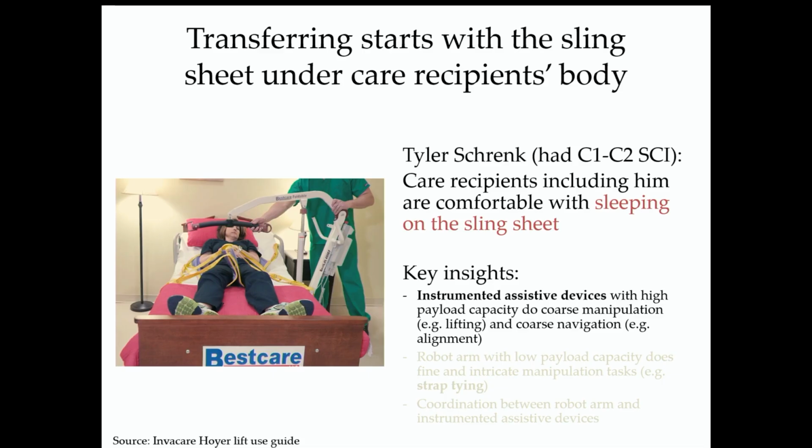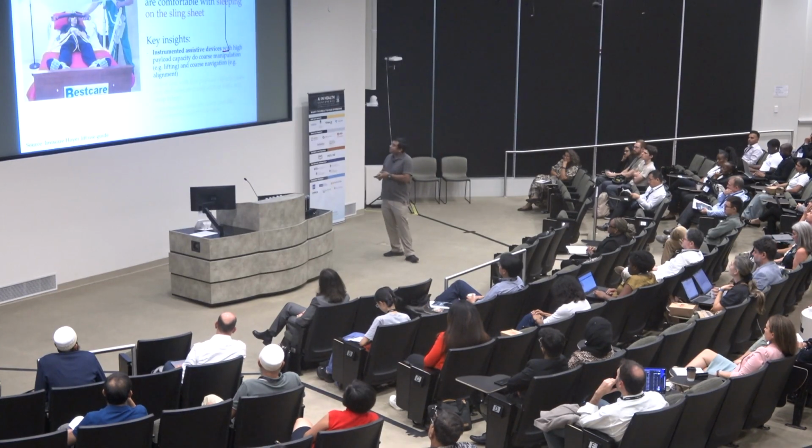So we thought, okay, then the first problem we should target is not human body manipulation, but actually picking them up and placing them. The key insight was, let's use an instrumented assistive device because they have high payload capacity to lift people and do coarse positioning, and use a robot arm to do finer, intricate manipulation.